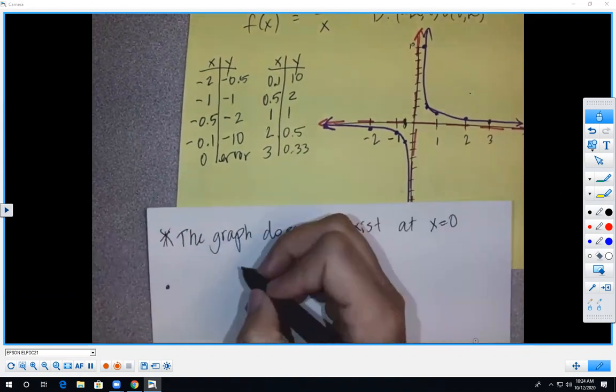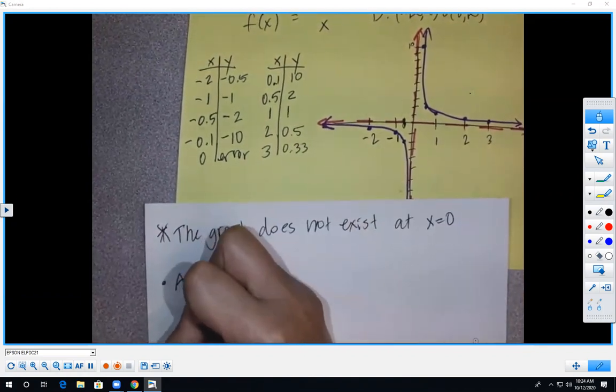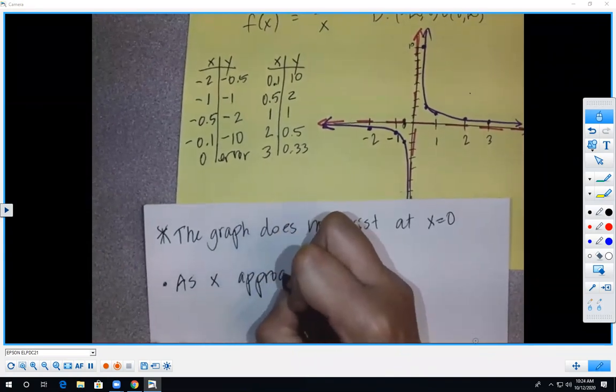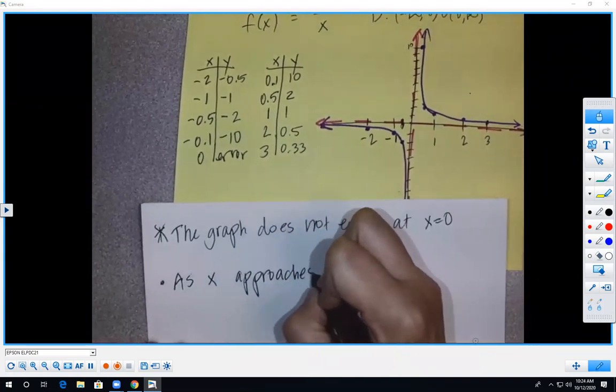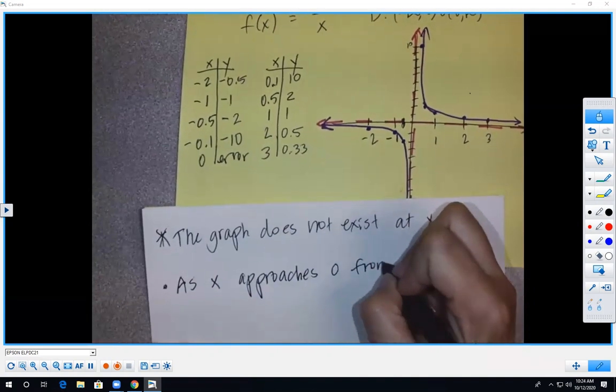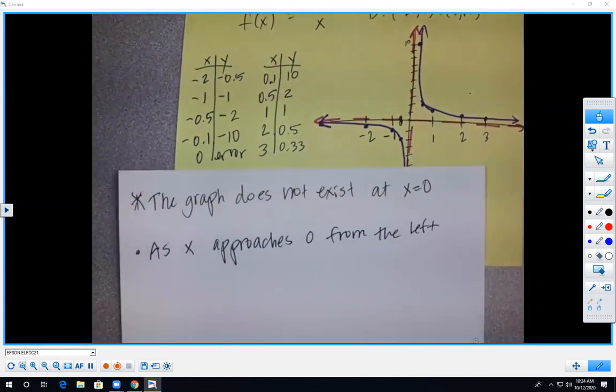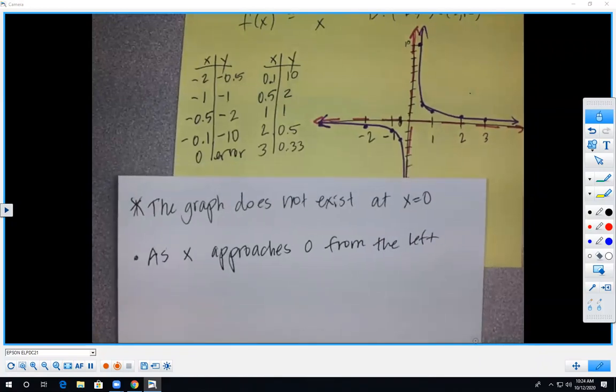Okay, the next thing we're going to say is as x approaches 0 from the left. We're about to describe what our graph does. So we're talking about x values here.